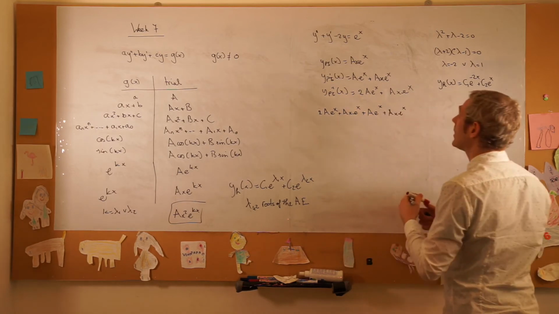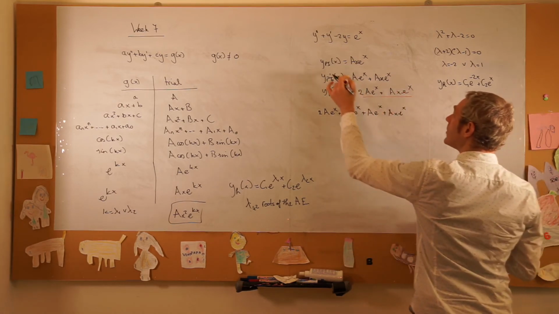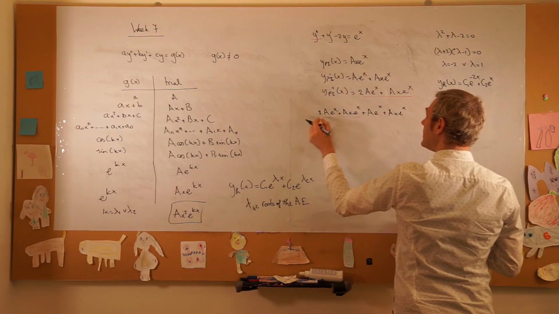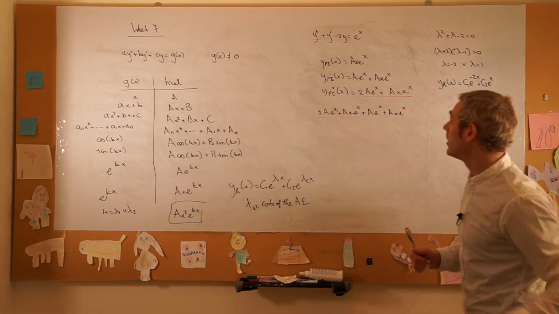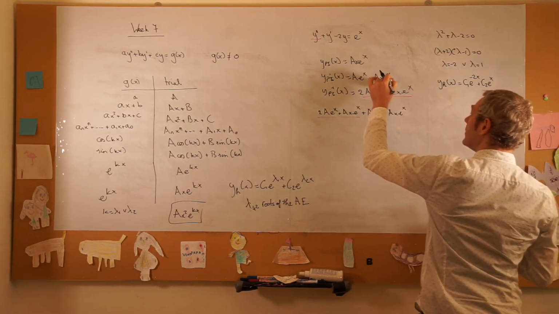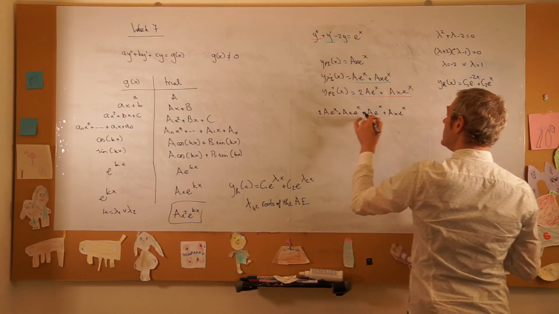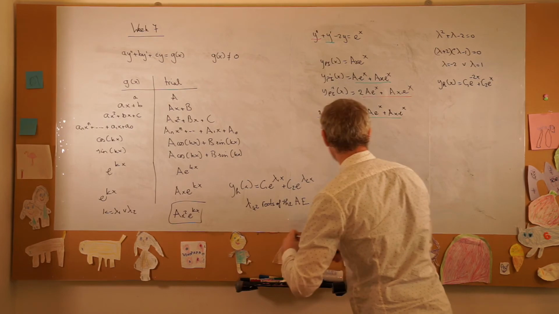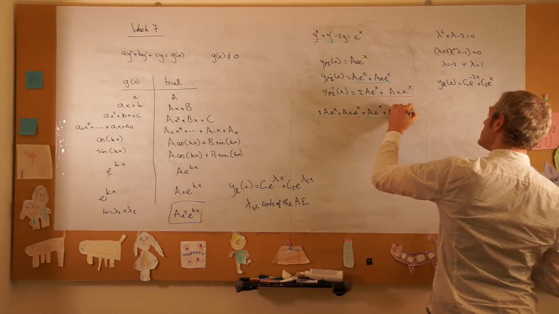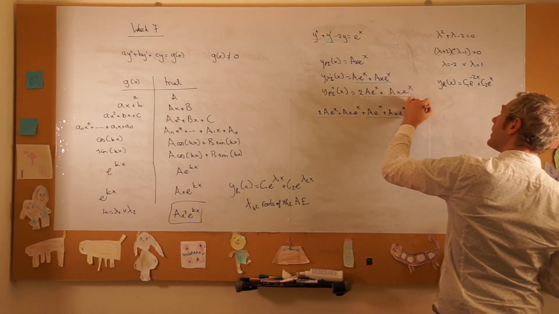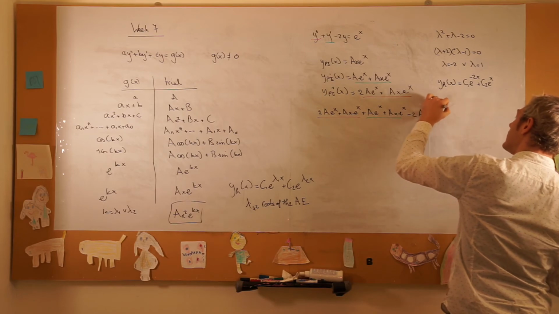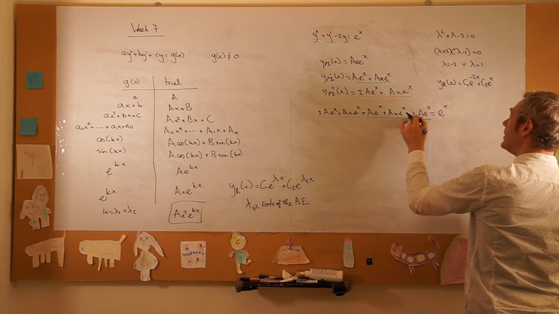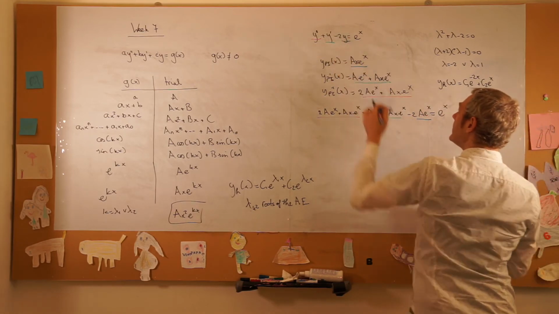If I use colors, then the second order is this bit, the first derivative is this bit, and I will get some blue, minus 2a e to the power of x, and then we have this one there.